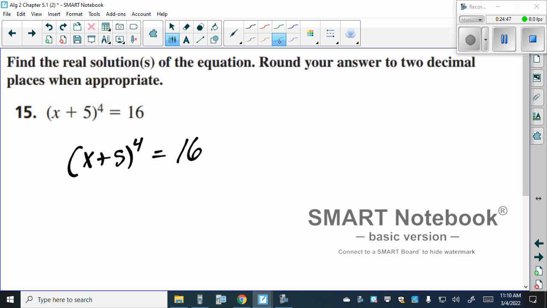Now this one here, we do have a set of parentheses where the variable is. We need to get the parentheses by itself. Well, luckily they are, because there's nothing being multiplied in front, and there's nothing being added or subtracted to it. So the first thing we can do is really take the 4th root of both sides.